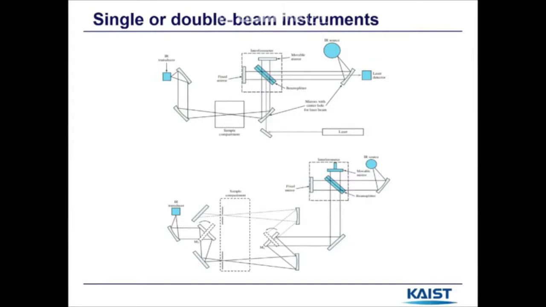FTIR spectrometers can be single beam or double beam instruments. The upper diagram shows the optics of a basic single beam spectrometer. A typical procedure for determining transmittance or absorbance with this type of instrument is to first obtain a reference interferogram by scanning a reference 20 or 30 times, co-adding the data and storing the results in the memory of the instrument computer.